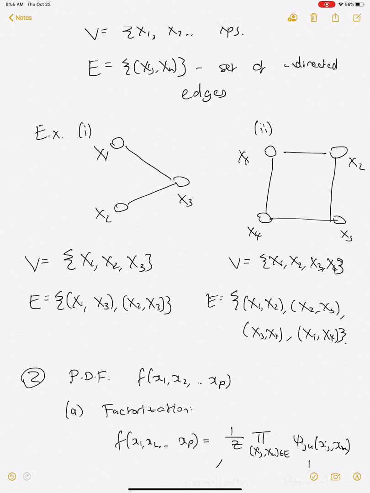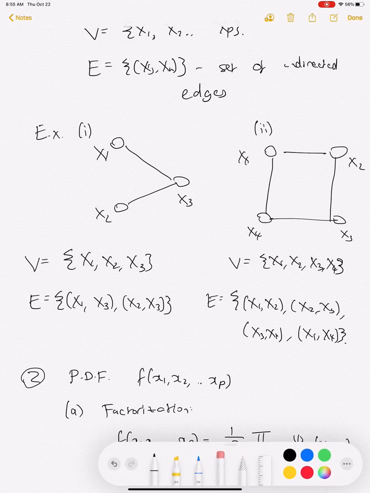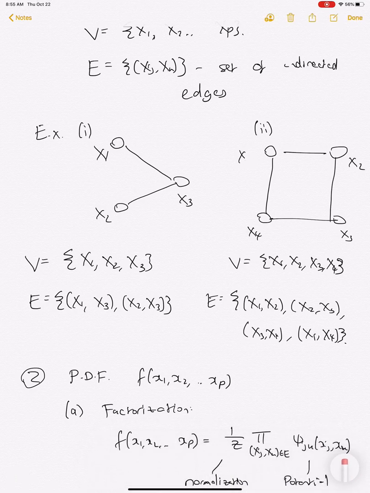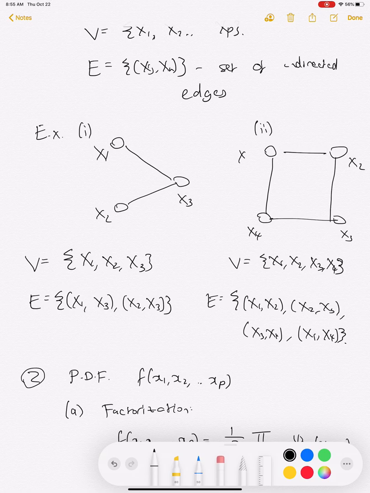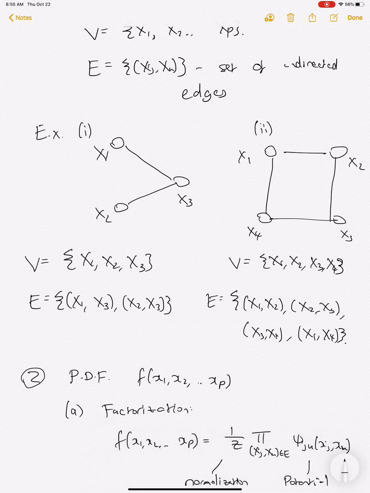Similarly, we have a graph with 4 nodes, x1, x2, x3, x4, and 4 edges: x1 x2, x2 x3, x3 x4, x1 x4. Remember, for undirected graphs it doesn't matter which node comes first when defining the edge, because the edges don't have any direction to them.